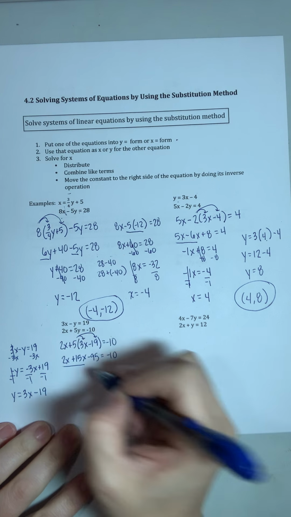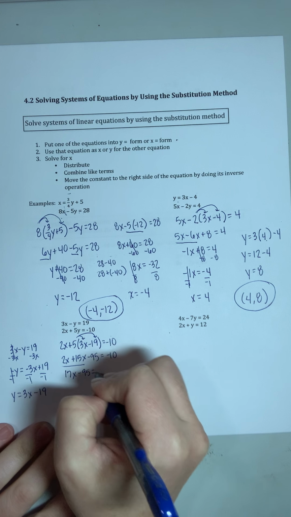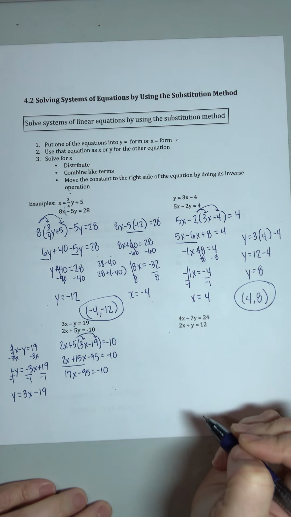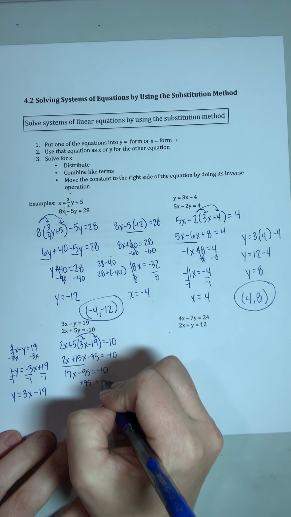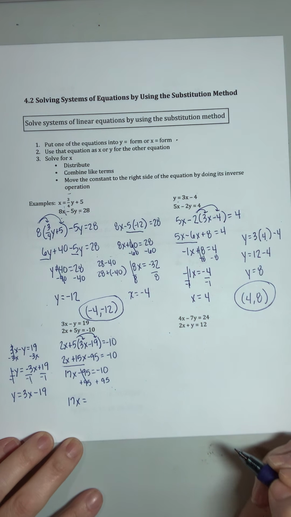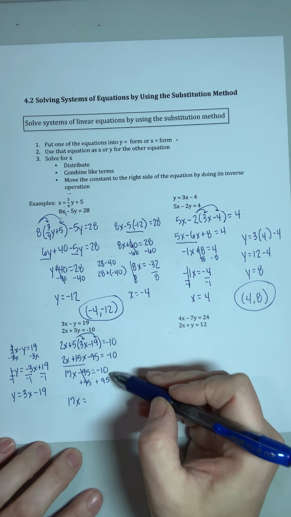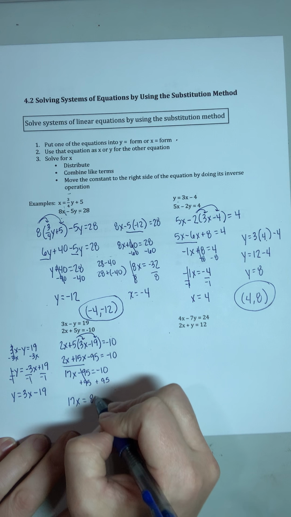All right, here's my like terms. So I have 17x. I'm going to add 95 to both sides. Negative 10 plus 95, that's one of each, so we're going to subtract, so I get 85.